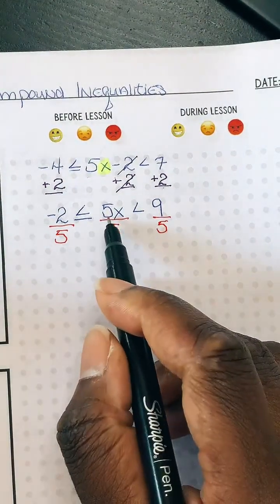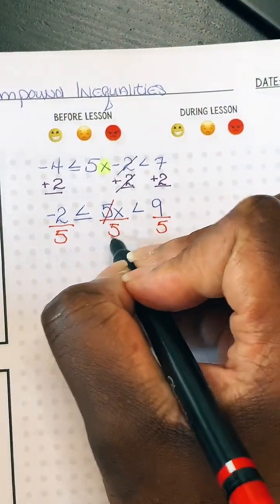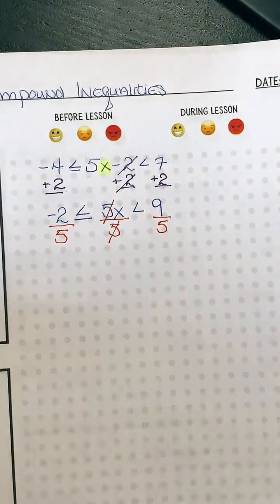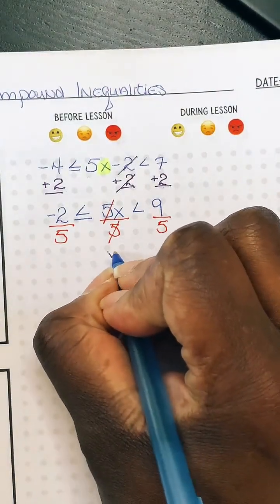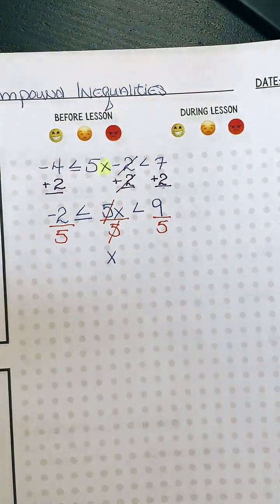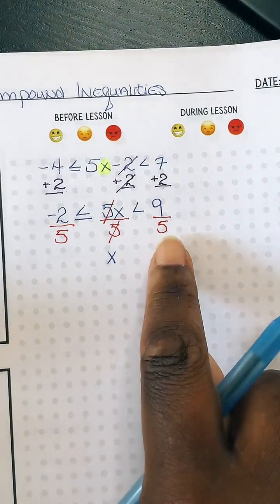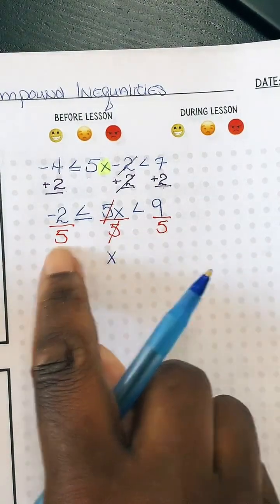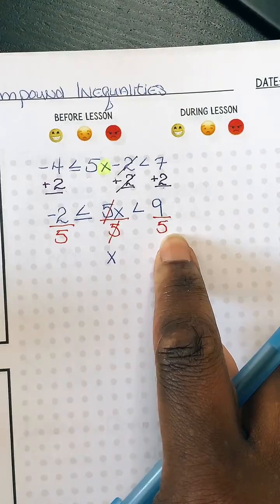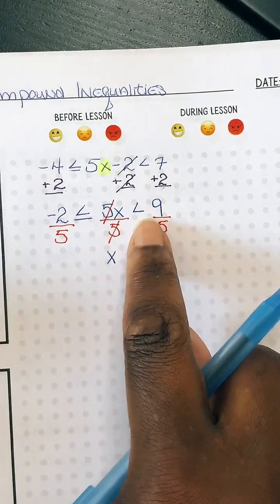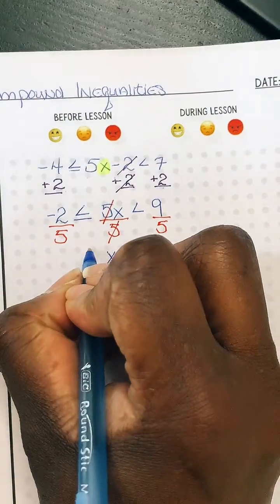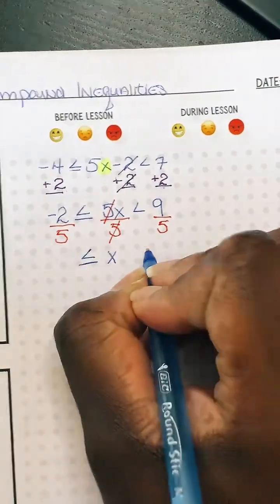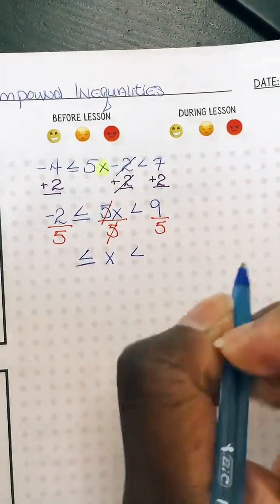Okay. 5 divided by 5 gives me 1. But since there's an x there, I can just simply write x. All right. Since we divided by a positive number, that means my inequalities are going to stay exactly the same. So I can bring down my less than or equal to over here and my less than over here.